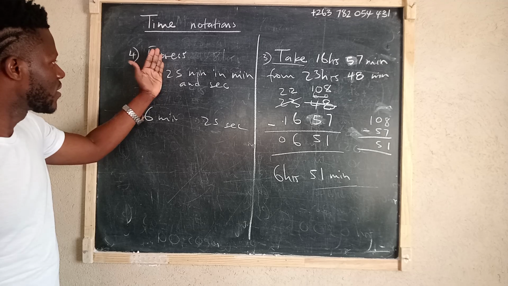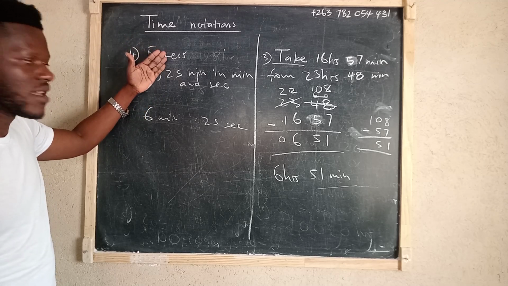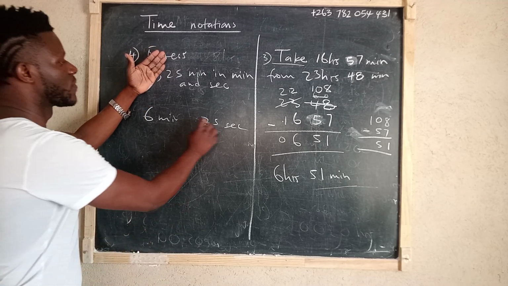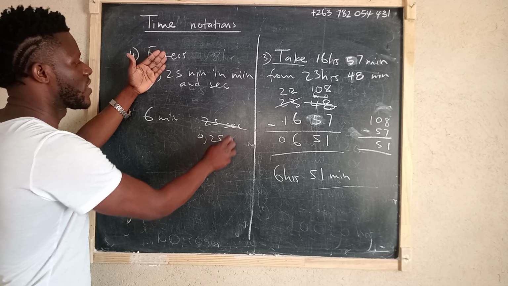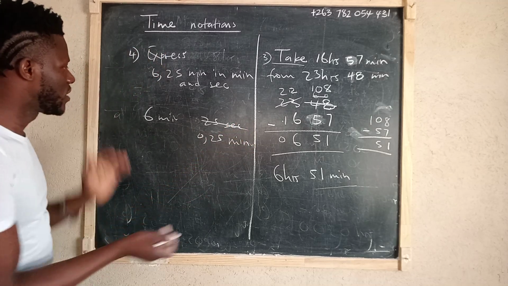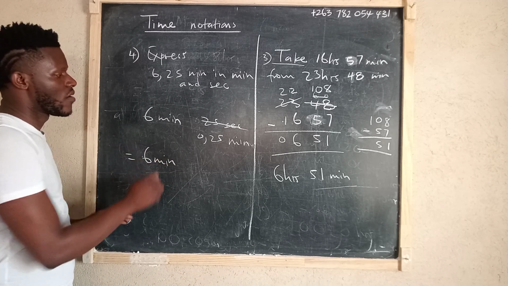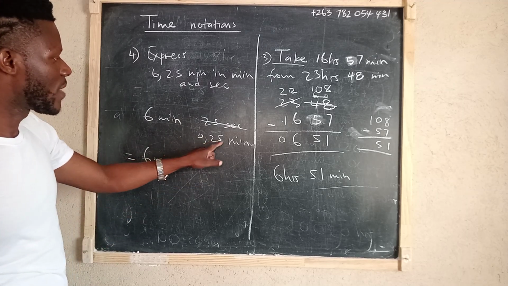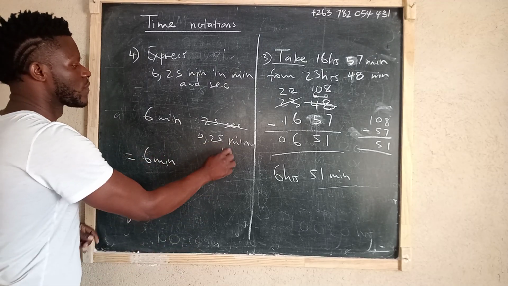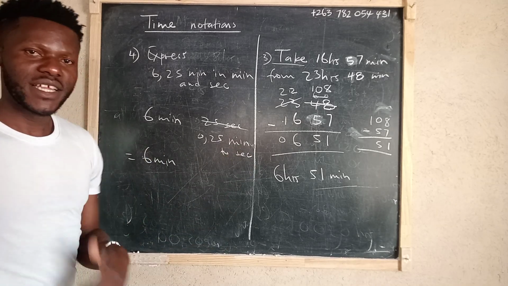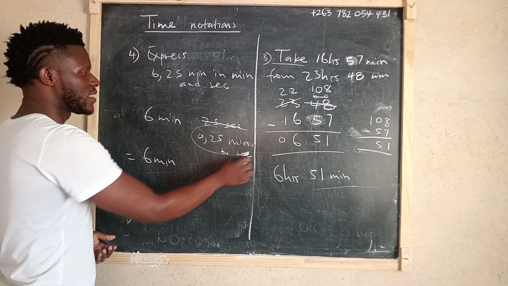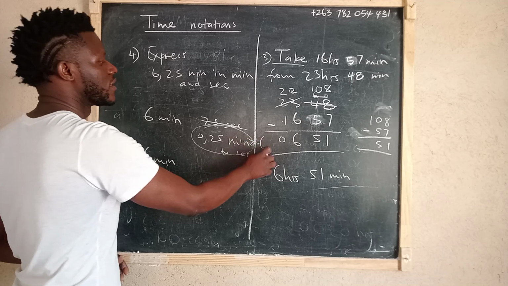If we remove 6 here, it's a decimal, we get 0.25 minutes. So it means 6 minutes, we are fine with that. But we need to convert 0.25 minutes to seconds. 1 minute is 60 seconds. So you multiply the decimal part by 60.